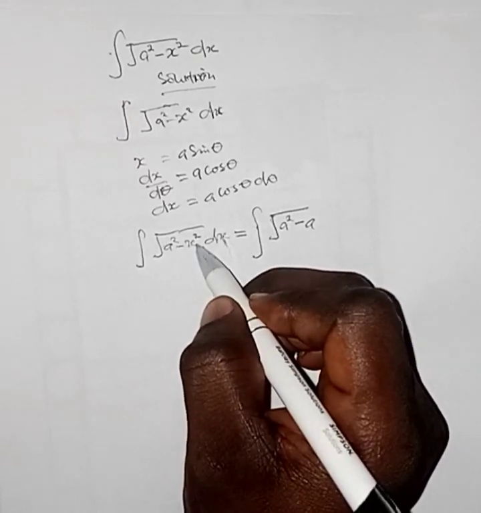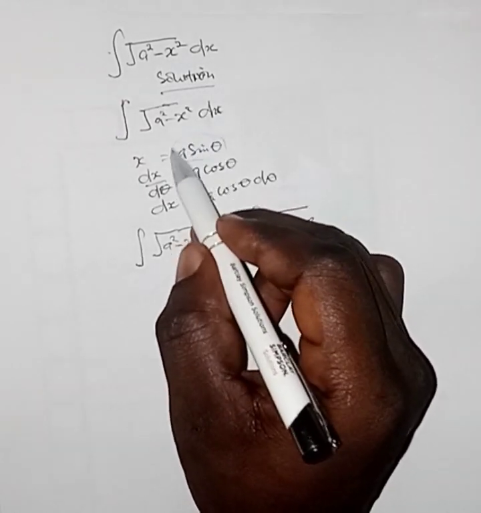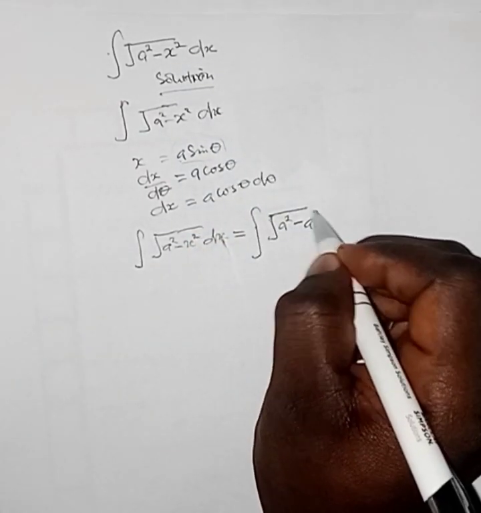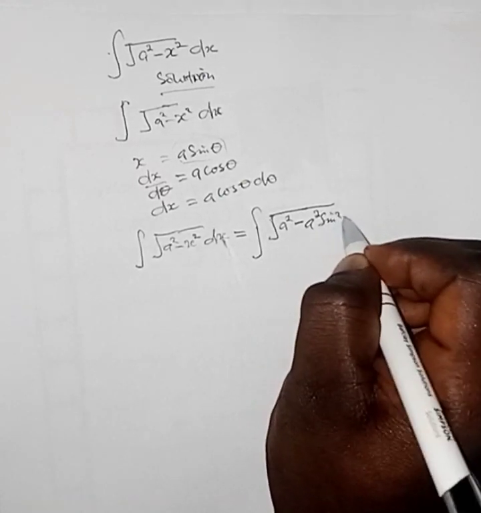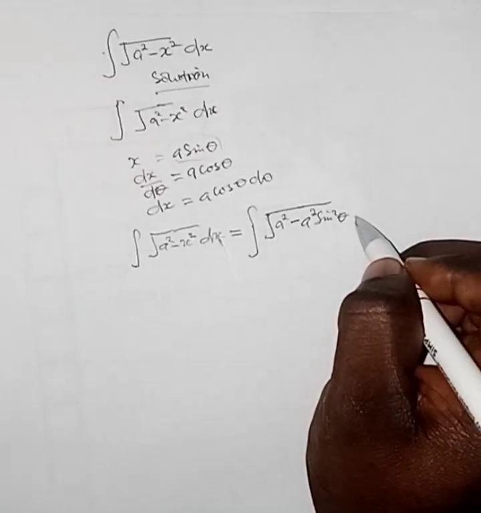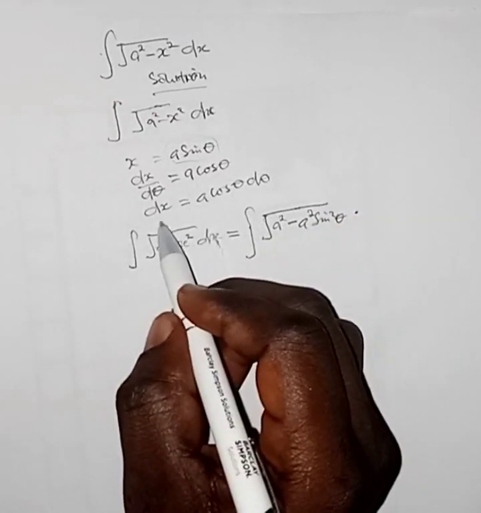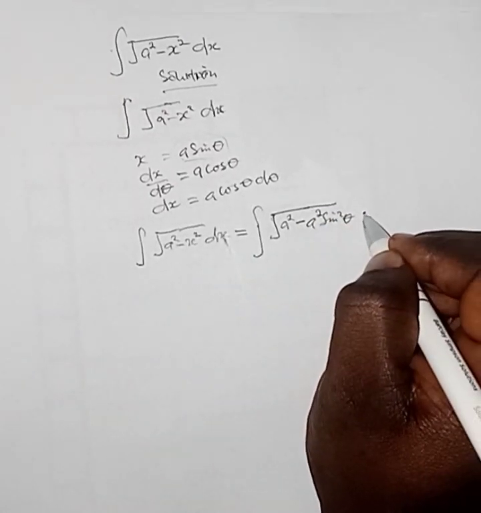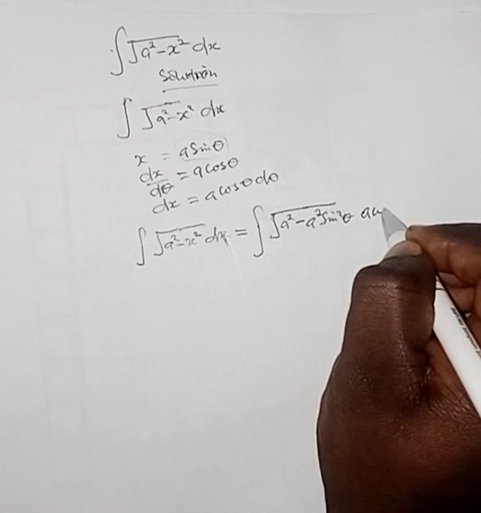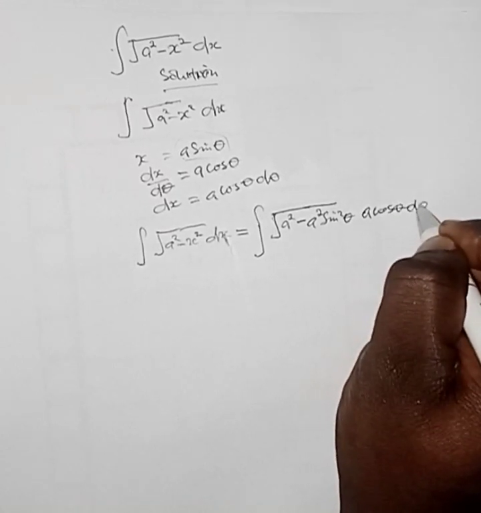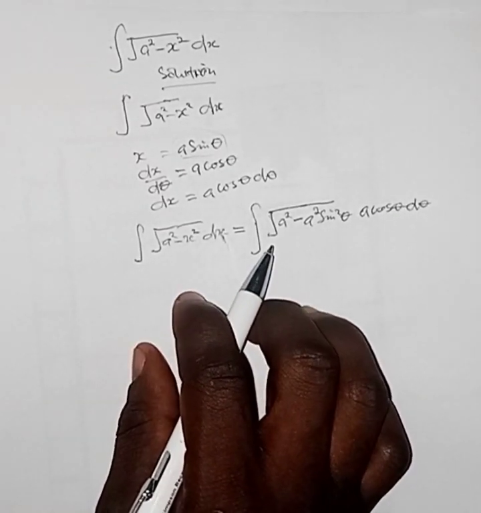But because our x is carrying a square here, we are going to be squaring this, so we have a squared sine squared theta, and then multiplying our dx, which is a cos theta d theta. So this is what we have now.